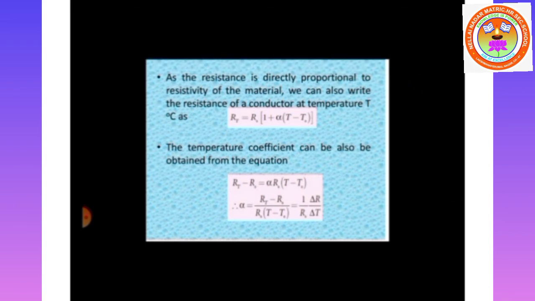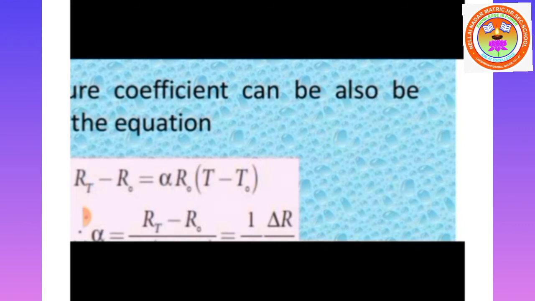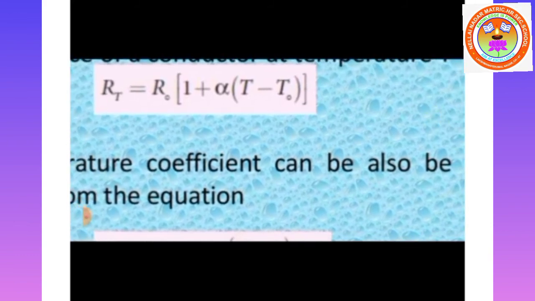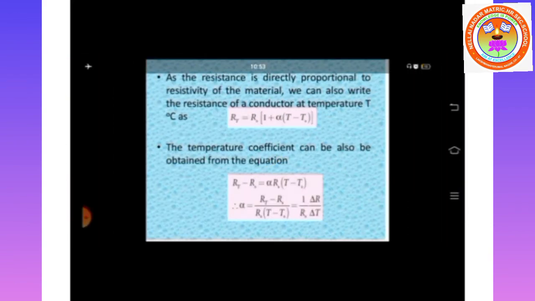In the next step, R_T minus R naught is equal to R naught alpha into (T minus T naught). So we can calculate alpha: alpha is equal to (R_T minus R naught) divided by R naught into (T minus T naught).